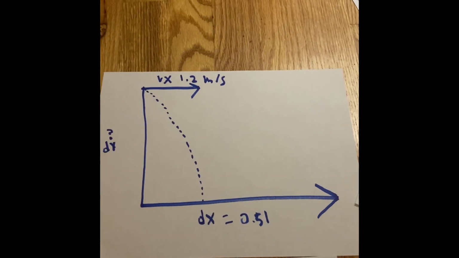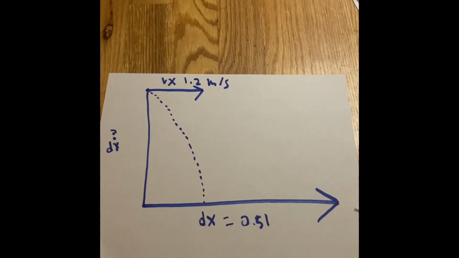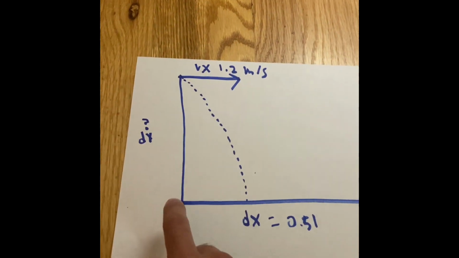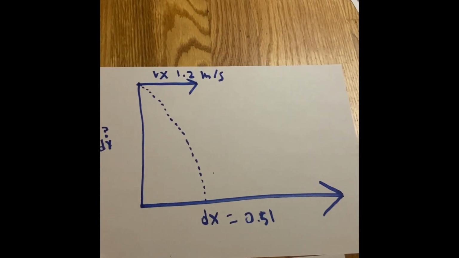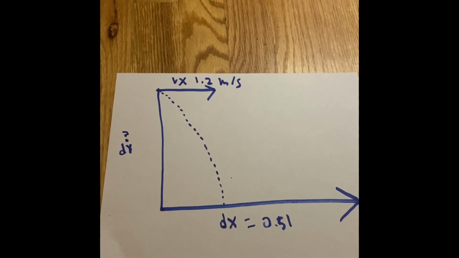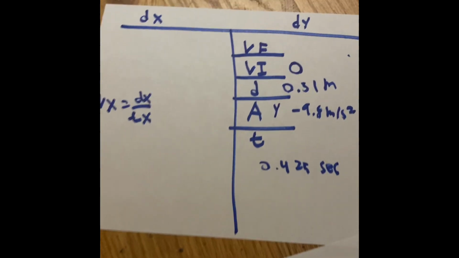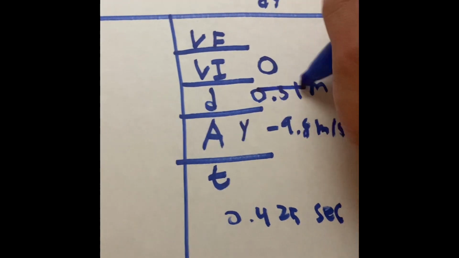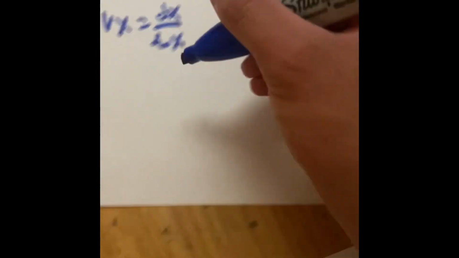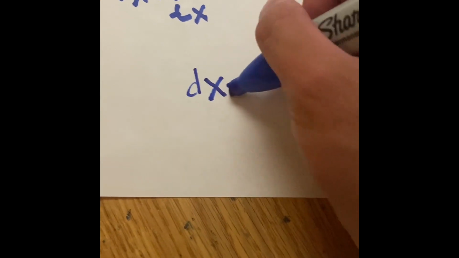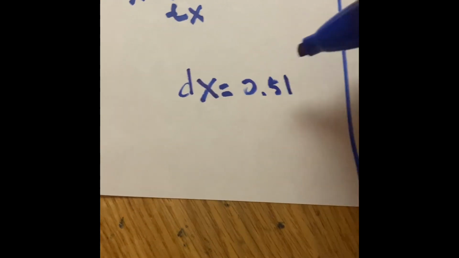The marble goes down the table into the cup, and you're timing the time it fell and the time it used its velocity. You're using the same time in the same experiment. Just so you know, we put our dy in the wrong thing. That was supposed to be our dx is going to equal 0.51 meters.